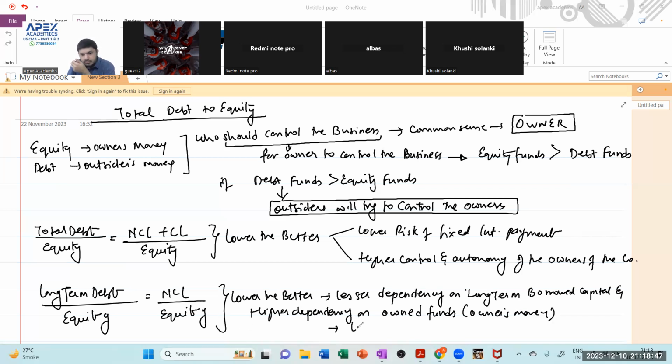Also, lower risk of fixed interest payment and better control of owners.